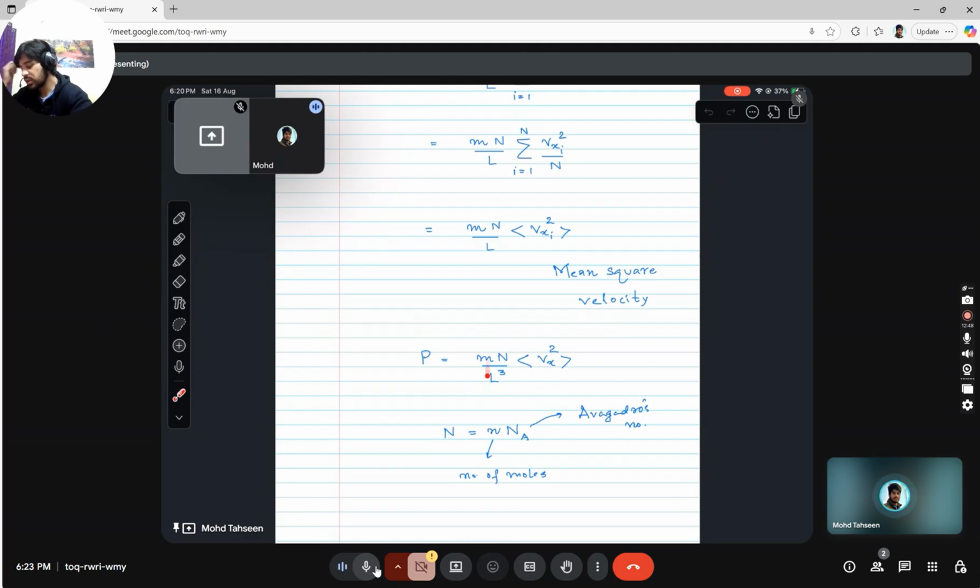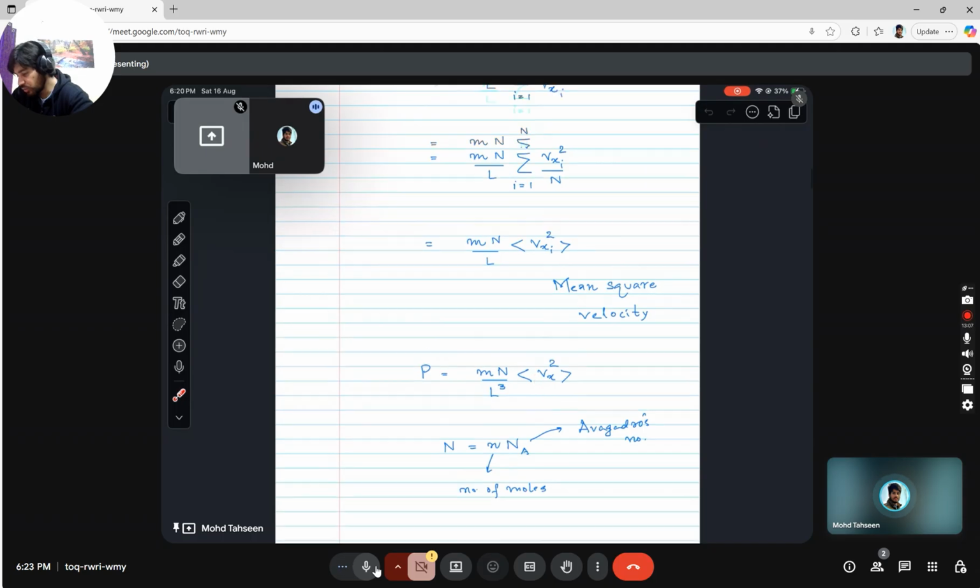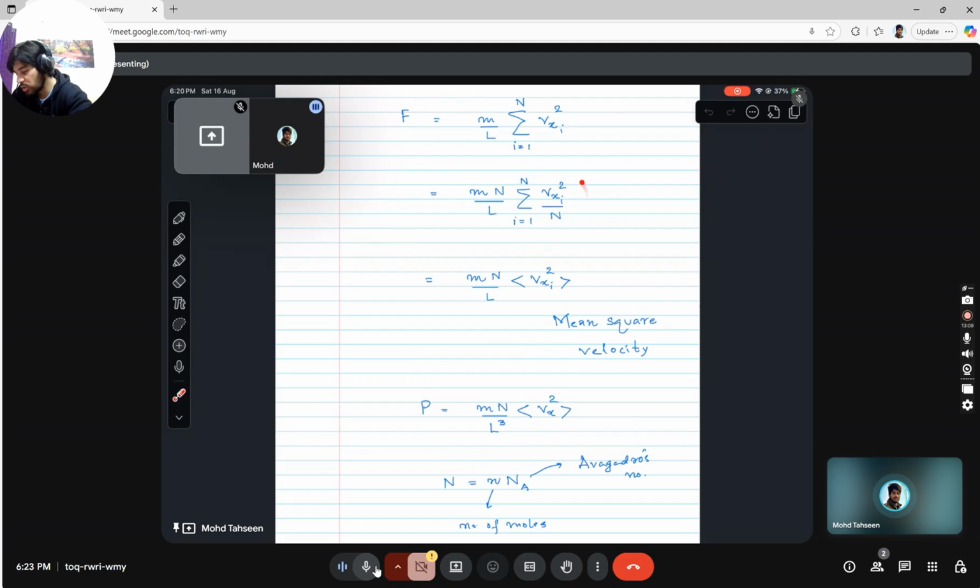So roughly this quantity gives us the density, and then you have this averaged square velocity, also called mean square velocity of the system. It's exactly equal to this quantity here. We take the velocities of all the particles in the x direction, add the squares of those velocities, and then take the mean, so it's called mean square velocity.